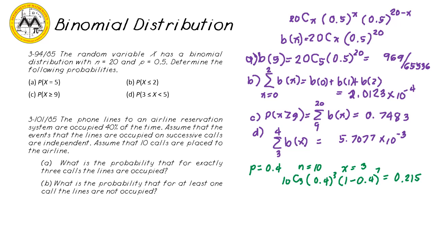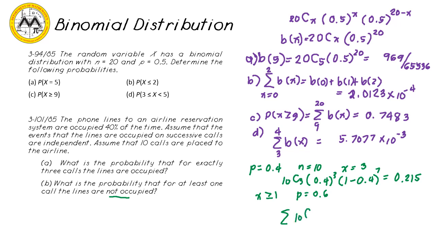What is the probability that for at least one call, the lines are not occupied? So for this one, x is greater than or equal to 1. At least one call. But the probability is 0.6. Not occupied. So it's the reverse of 0.4.